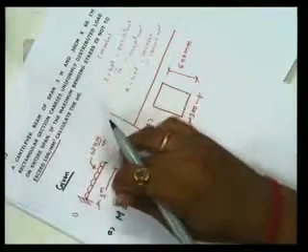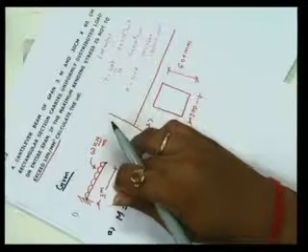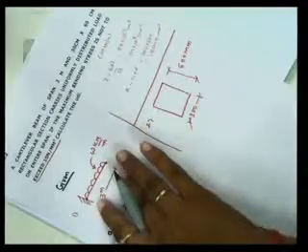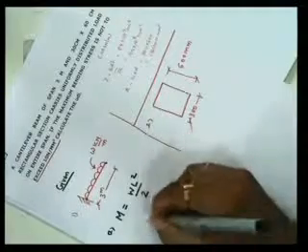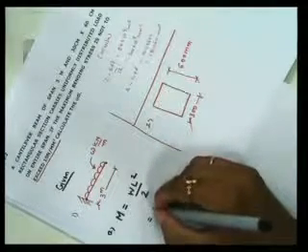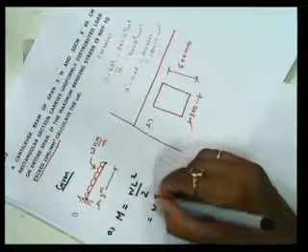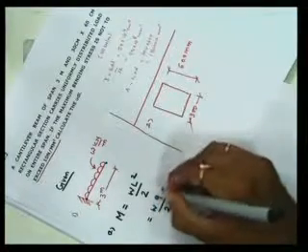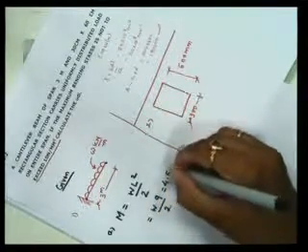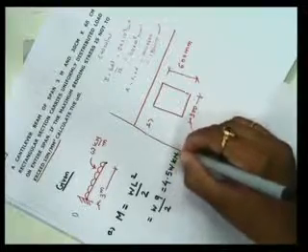So W into L, that is load, and the distance is L by 2, center. So WL square by 2. W I don't know. So W into 3 square, it will be 9 upon 2. So it will be 4.5 W kilonewton meter.